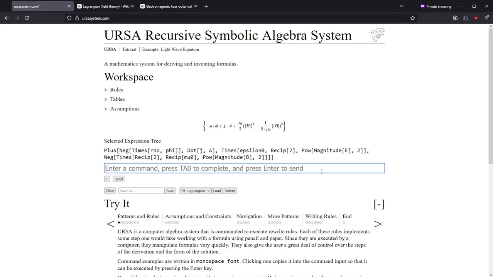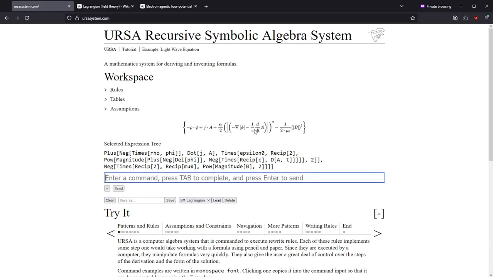We need to be in 4 potential land for this. So I will use the bottom-up recursion scheme to substitute the definition called E, and this will rewrite E using its definition, and then substitute B using its definition. So now we've got this rewritten in 4 potential terms, and we can use the Euler-Lagrange equations and derive Gauss's law.